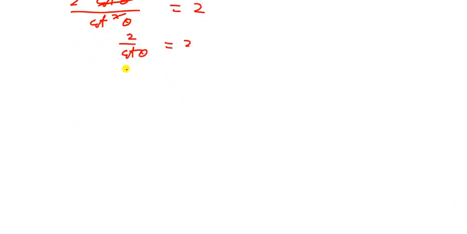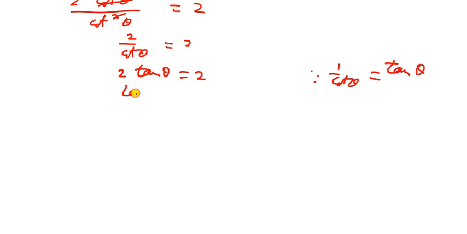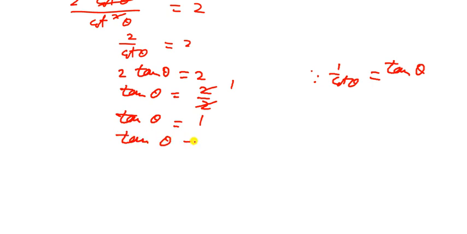Cot theta is cancelled. So we get 2 upon cot theta is equal to 2. As you know, 1 upon cot theta is tan theta. So we can write here 2 tan theta is equal to 2.